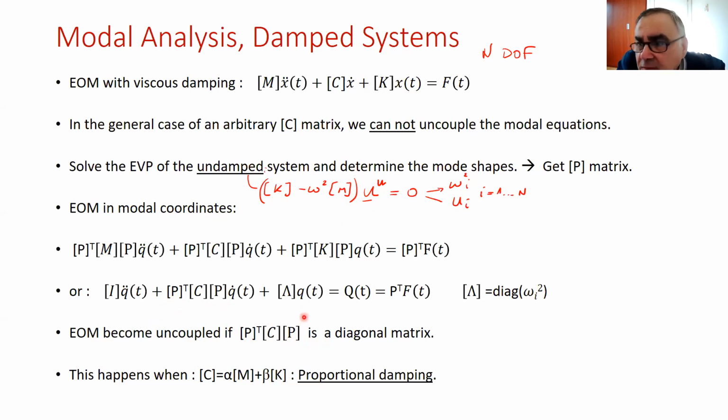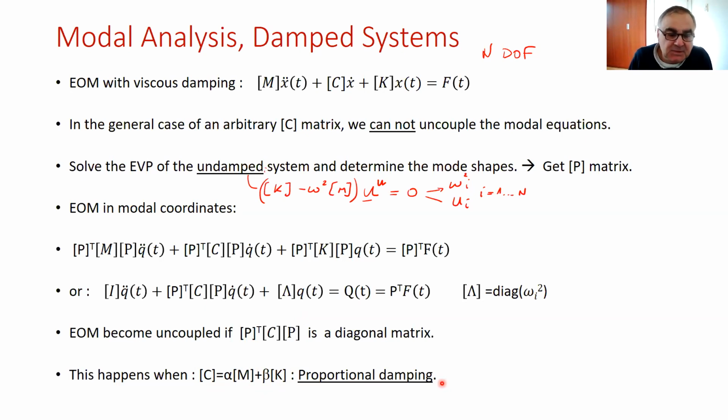And the condition for that is quite simple. If you can uncouple a system with M, if you can uncouple a system with K, then if C is a linear combination of M and K, you should be able to uncouple using the C matrix as well. This condition is called proportional damping.